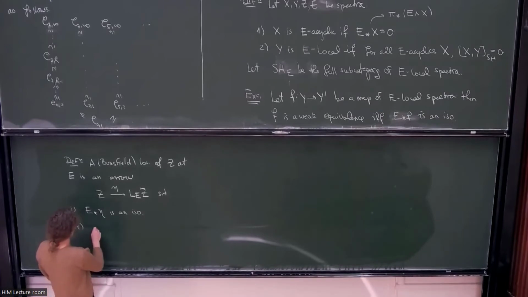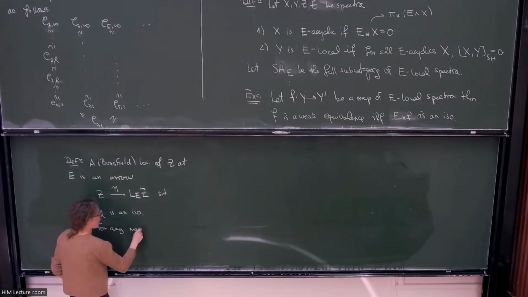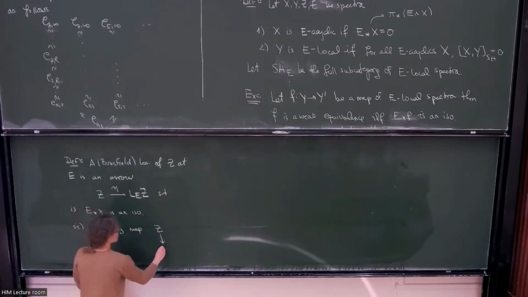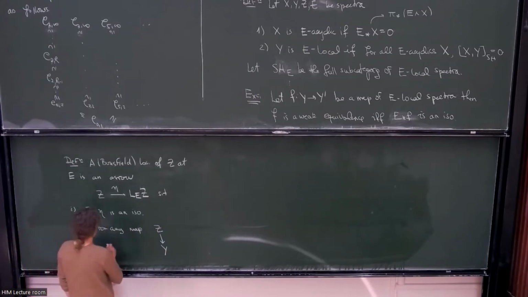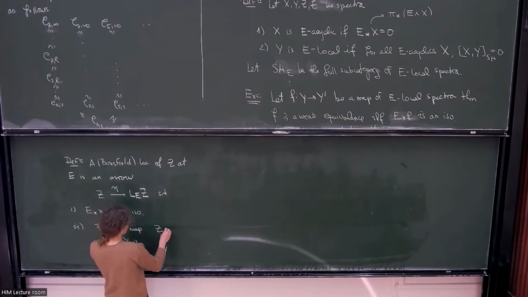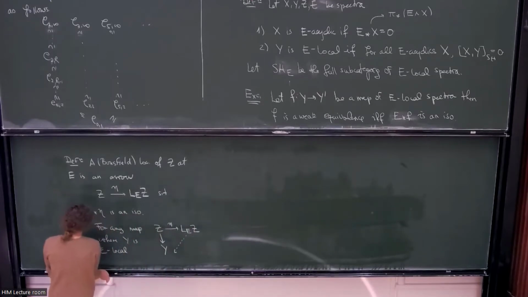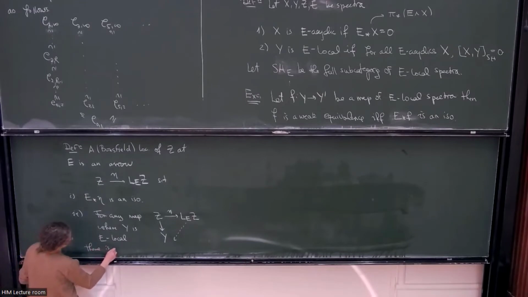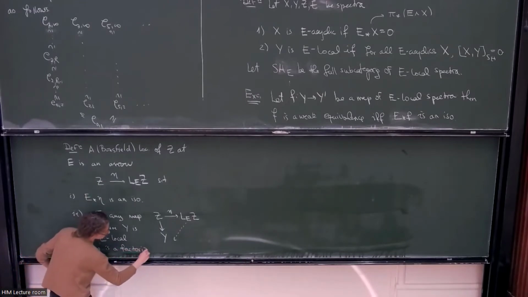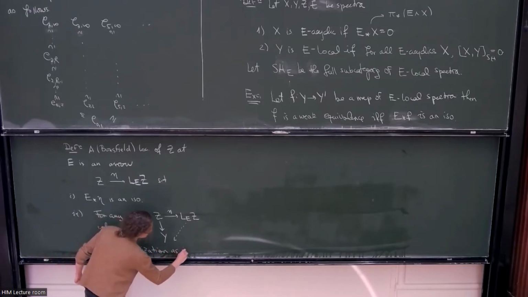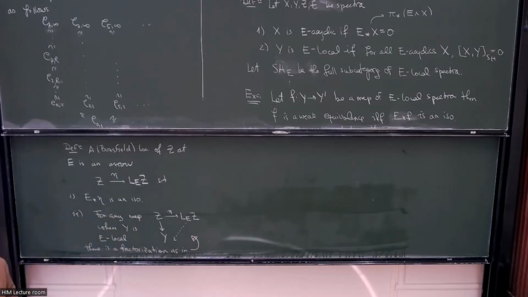And the second one is that for any map from Z to a spectrum Y, where Y is E-local, there's going to be a factorization.